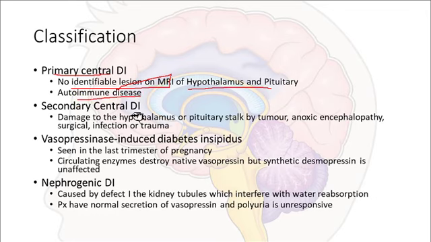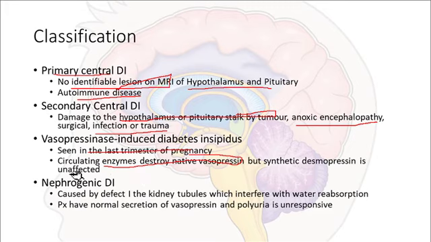Secondary central diabetes insipidus is the one we've discussed, where there is damage to either the hypothalamus or the pituitary stalk by a tumor, anoxic encephalopathy, surgery, infection or trauma. Vasopressin-induced diabetes insipidus usually occurs in the last trimester of pregnancy, where circulating enzymes tend to destroy natural vasopressin, but synthetic desmopressin is unaffected.